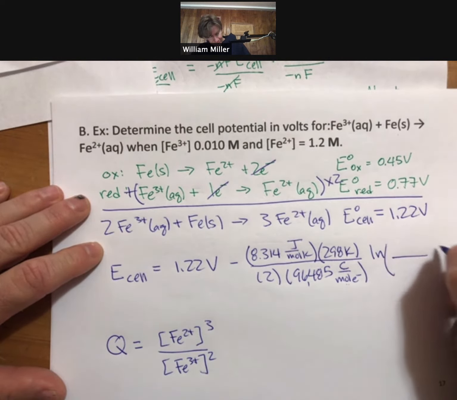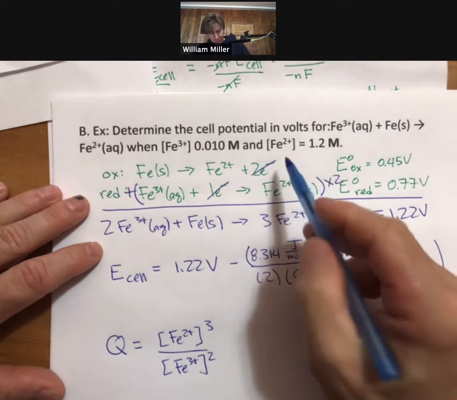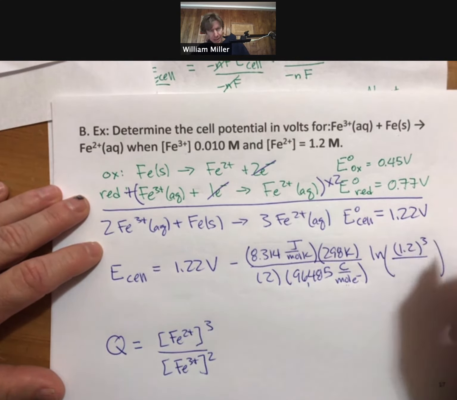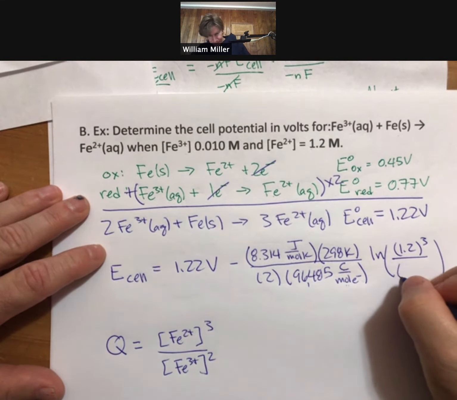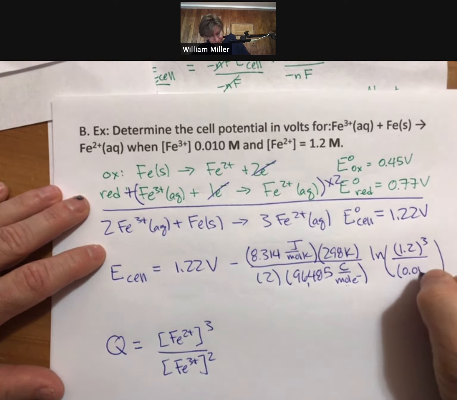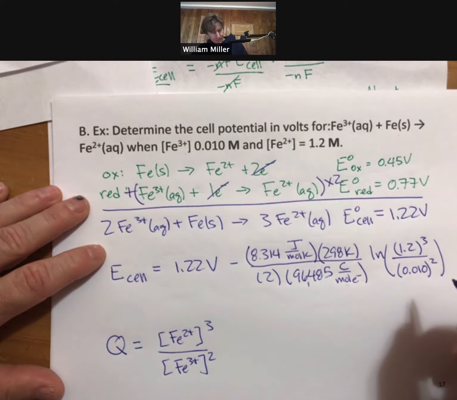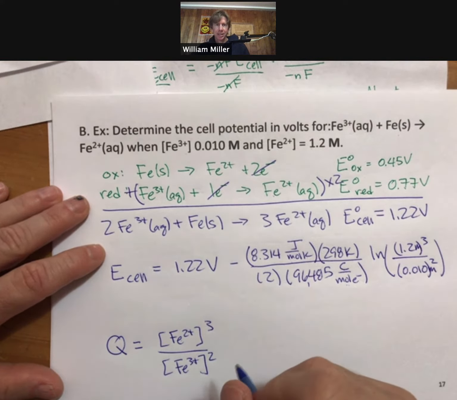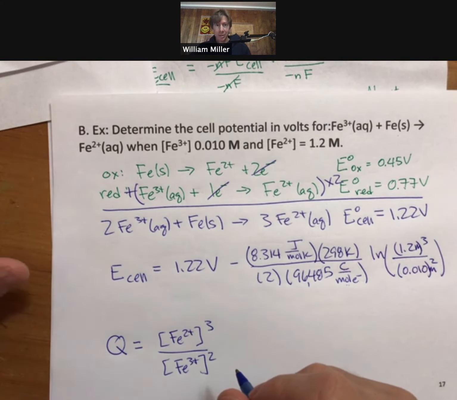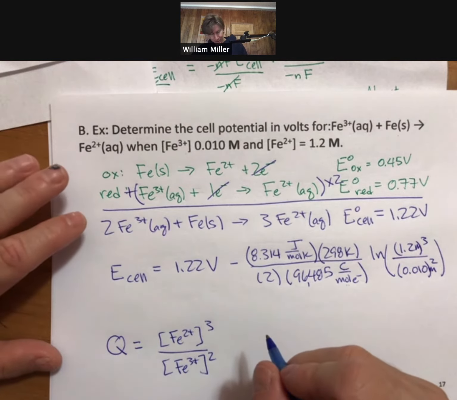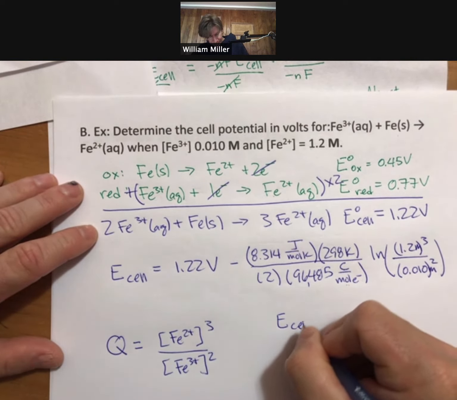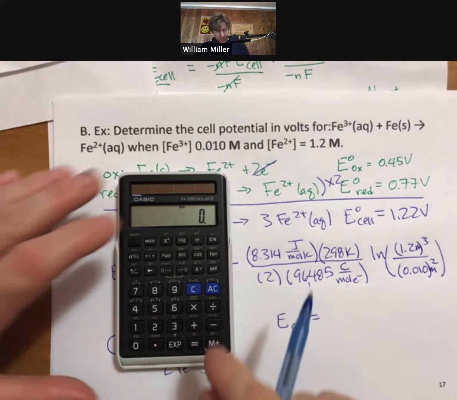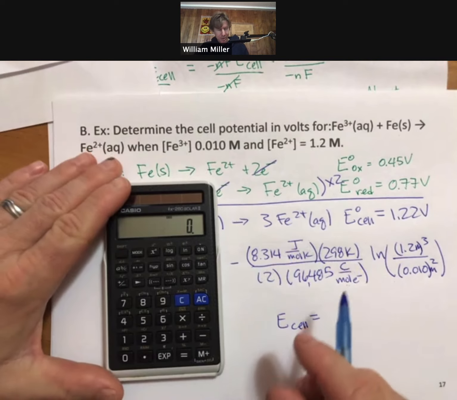So my Q is now going to be 1.2 cubed over 0.010 squared. Our units will cancel out. We've talked about units for Q and how they work. Let's find this big term first and then subtract it off of our 1.22 volts.